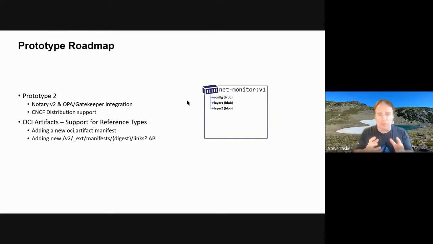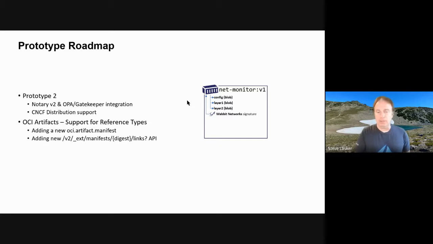To get a sense of the details: today, a registry knows how to take a manifest that references a thing, the netmonitor image, and says that manifest has a config and one or more layers. There's this downward pointer kind of thing. But signatures are the opposite. If you remember, we said we cannot change the digest or the tag of something we want to deploy.